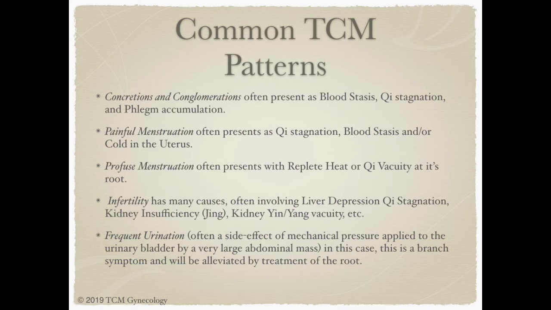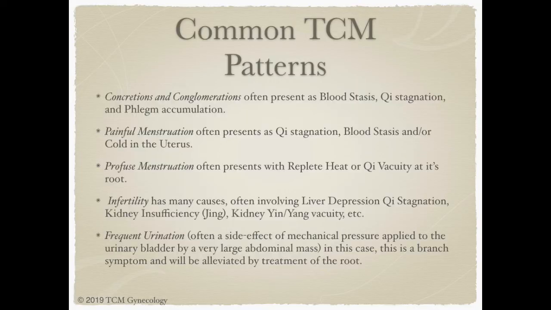Profuse menstruation often presents with replete heat, qi vacuity at its root. So if there's excessive bleeding, is what that means. Excessive bleeding is usually caused, if you remember from other videos, the causes of pathological bleeding in Chinese medicine, either qi vacuity not containing the blood, or heat pushing blood outside of its normal pathways.